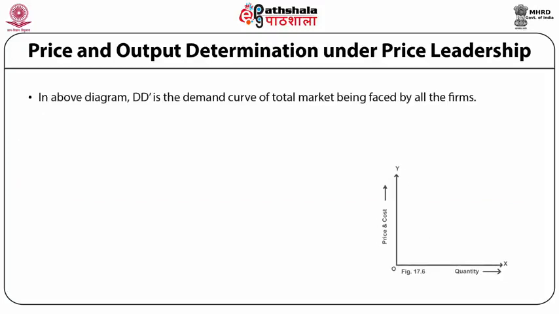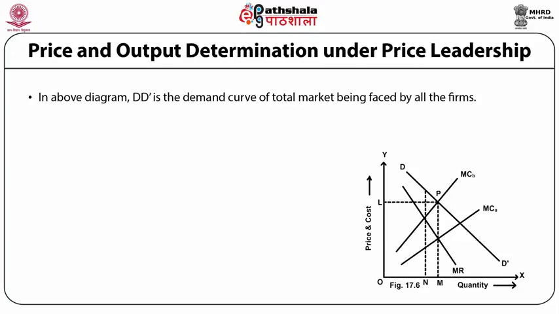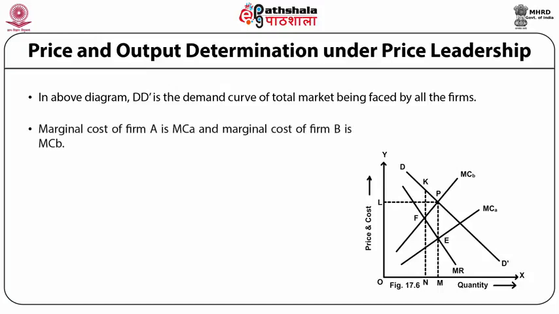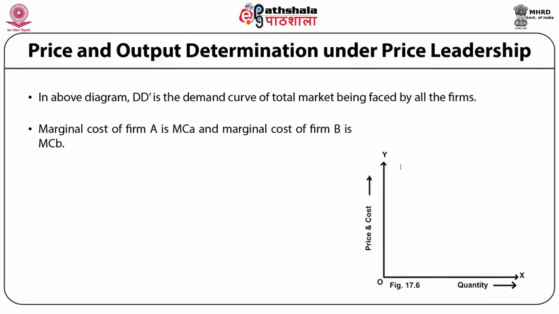In this diagram, DD' is the demand curve of the total market being faced by all the firms. MR is the marginal revenue curve. Marginal cost of firm A is MCA and marginal cost of firm B is MCB.